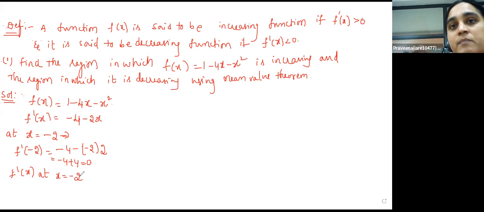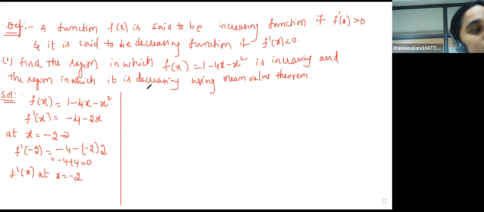So first you have to find the particular value where f dash of x is 0, that is x equal to minus 2, and near that minus 2 it may be decreasing and increasing also. That is why I will take f dash of x as 0 at x as minus 2. Okay, now I'll calculate. What is the increasing function?